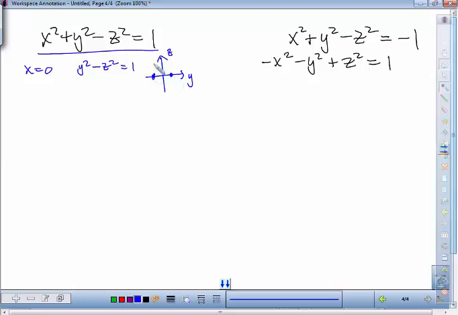So I know that the hyperbola is going to be hitting at the 1s on the y, and it will just be opening up this way. So y equals 0 will be the same thing.